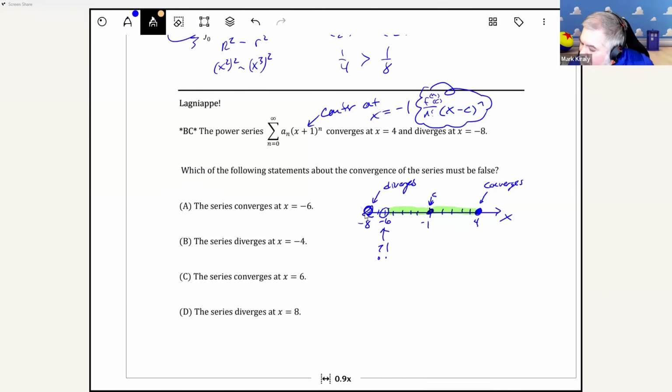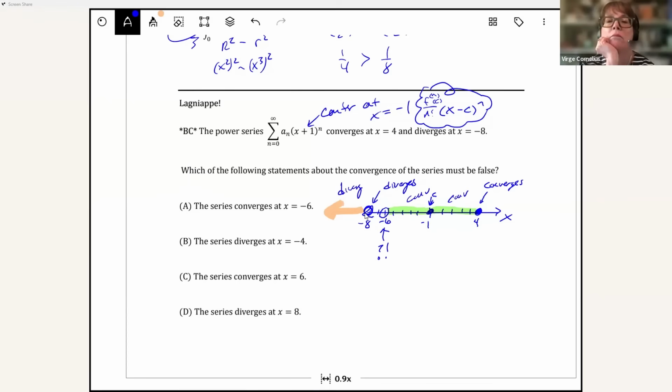So I know for -8, it starts to diverge. So it's going to diverge for everything outside that. And we know we're converging in here. Well, -8, we said was 7 to the left. Is that right? Mm-hmm. And so 7 to the right would be 6. Oh, wait, 7 to the right of what? Of the center, -1. Sorry, of the center. Yeah. So this is potentially my radius, or this is potentially my radius. I don't know which one.